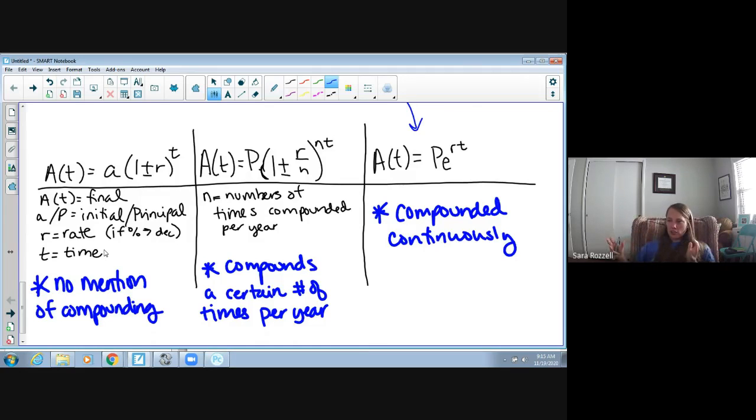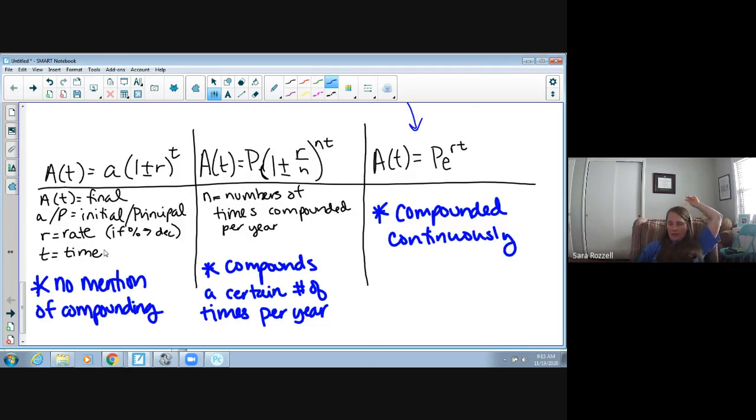And then the next year, you're making interest off what you had in there the first year plus the interest that you earned. And then the next year, you're making interest off of the two sets of interest that you got and your initial value in there. So it's adding the interest back into your original amount, and you're making interest off of your interest.